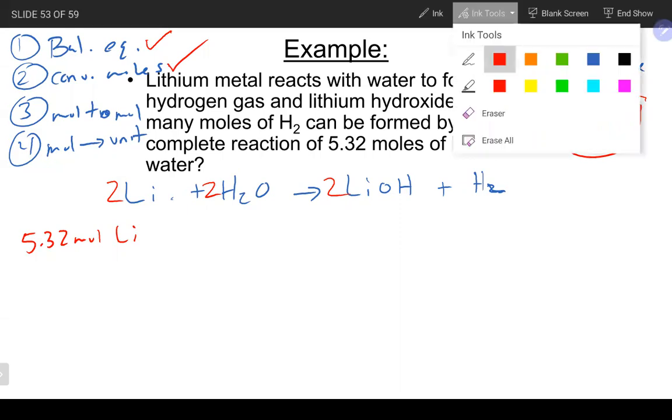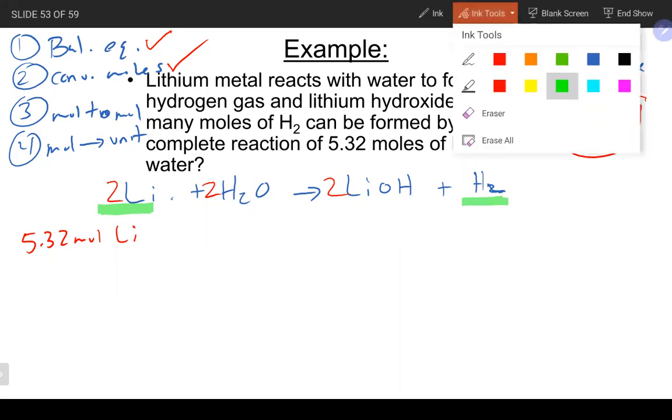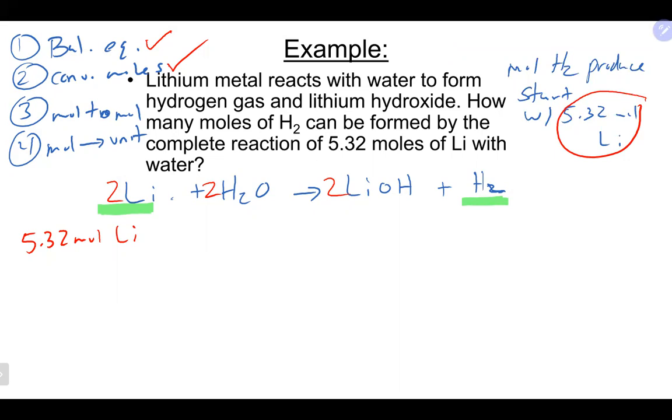So they did give us lithium, which is here, but we're not really interested in lithium. In the end, we want to know how many moles of H2, which is over here. So this is where the stoichiometry part comes into play. We're going to go to the equation, and all we're going to simply do is look at the coefficients in front of each of those. And in front of the lithium, it says 2, so that means there's 2 moles of lithium.